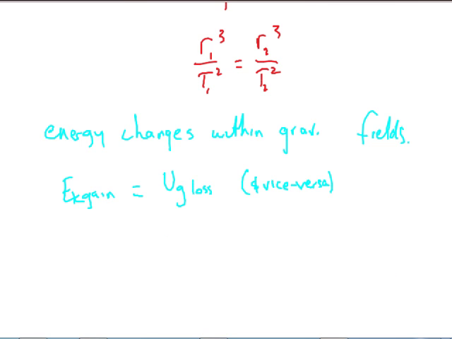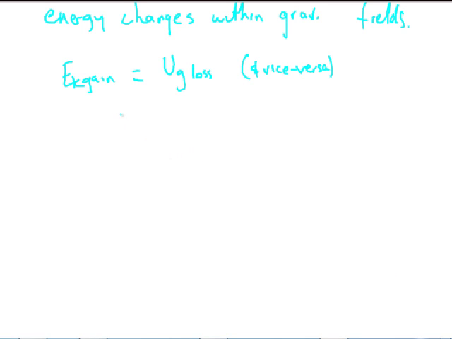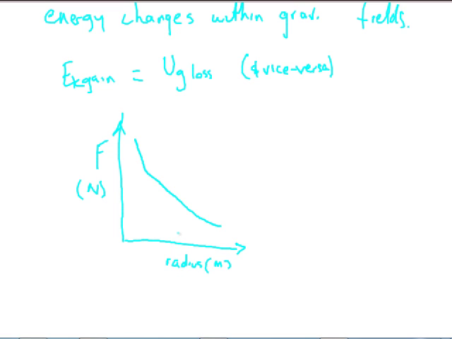Typically, questions around this come with a graph where we've got the force acting on the object, in newtons, for the given height or the radius of the orbit in metres. Here we want to look at the area under the graph.